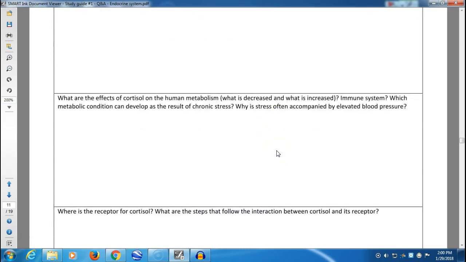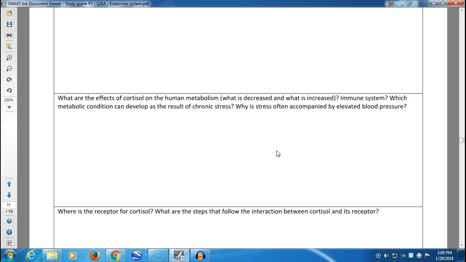I will be focusing on metabolic effects of cortisol and immunological effects of cortisol. What does cortisol do to the immune system? Suppresses it. We get it out of the way. Metabolic effects. The main metabolic effect of cortisol is elevated blood sugar. Okay?